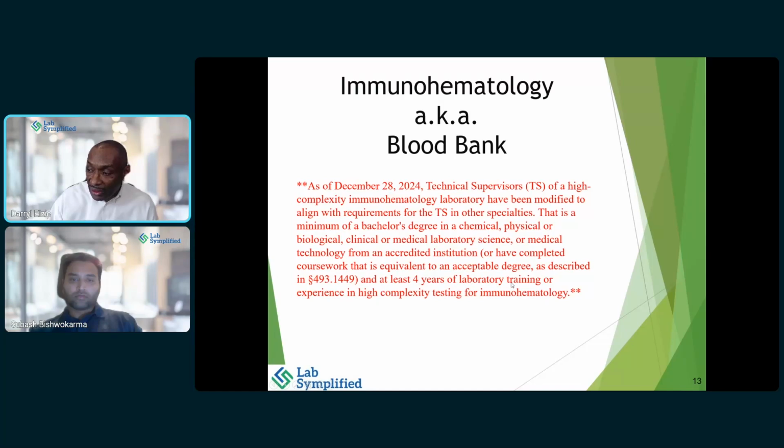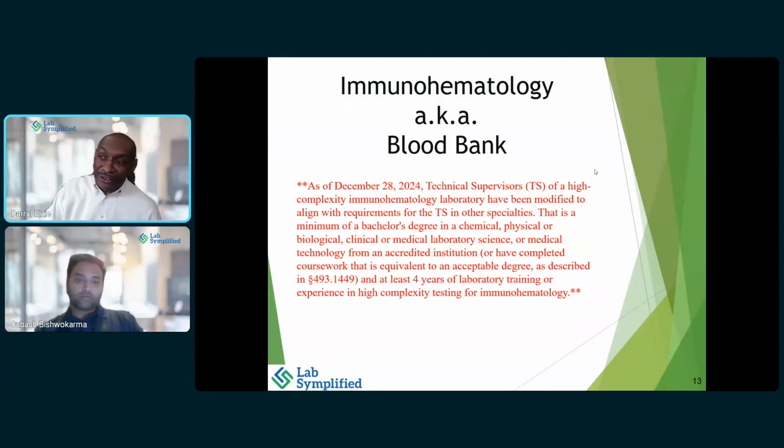So you have to have 4 years of laboratory training or experience in high complexity testing for immunohematology. Previously, you used to have an MD or DO, a doctor, over as the technical supervisor. That really can add some complexity, especially to big labs, because of the competency, the semi-annual competency that wasn't really enforced, but all those other things that go on.